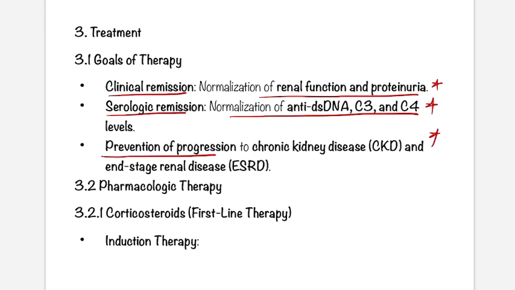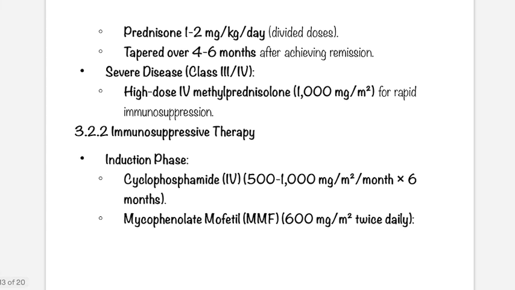What are the goals of therapy? Then how will you treat? Corticosteroids are first line therapy. Steroids are first line therapy of lupus nephritis. Induction therapy will start with prednisolone 1 to 2 mg per kg per day in divided doses, tapered over 4 to 6 months after achieving remission.